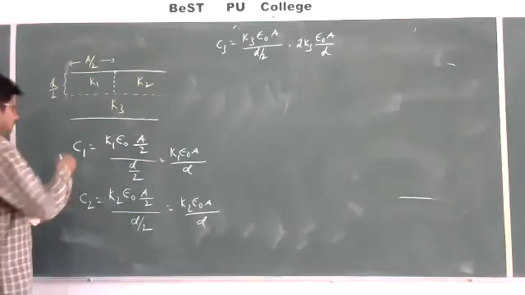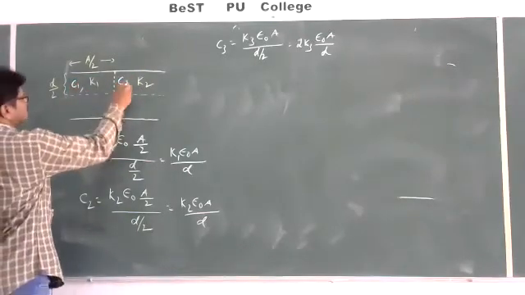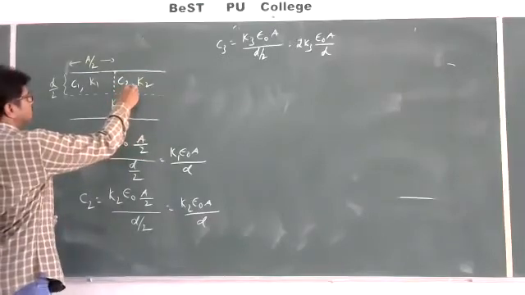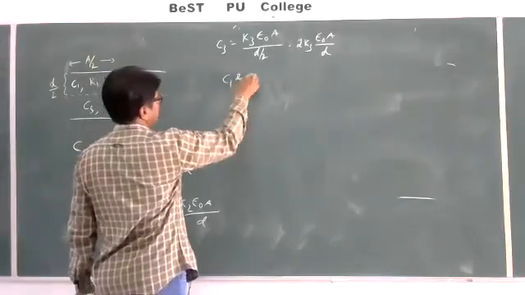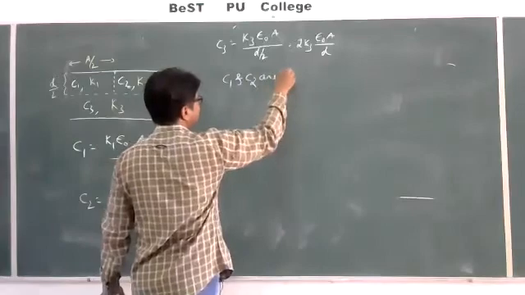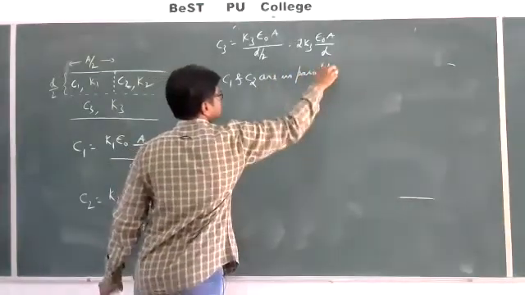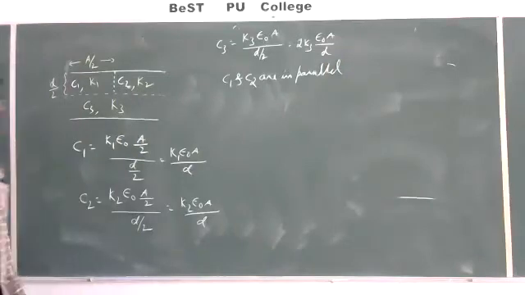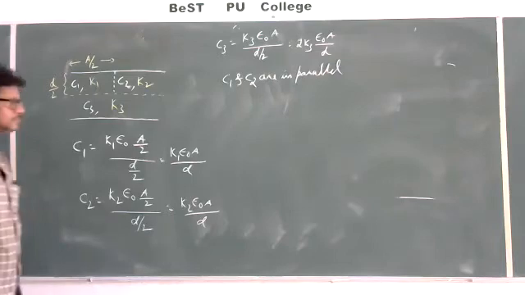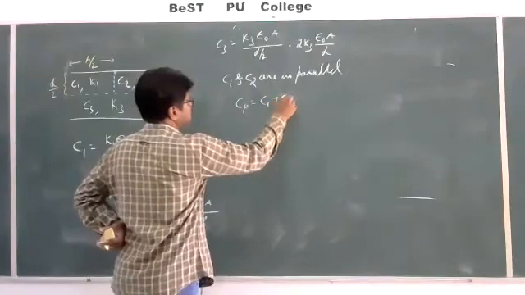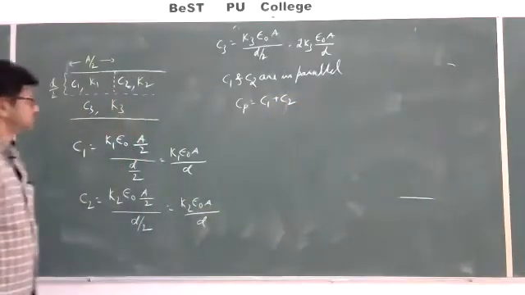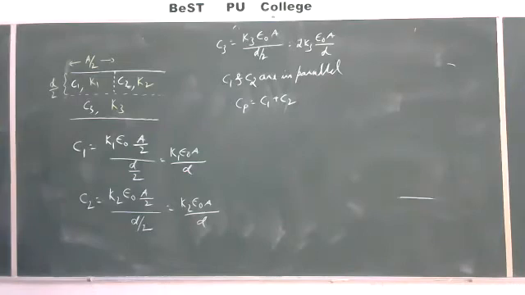If I call the capacitance of this C1, this C2, and this C3, I will write C1 and C2 are in parallel. Then Cp is equal to C1 plus C2, the parallel combination.